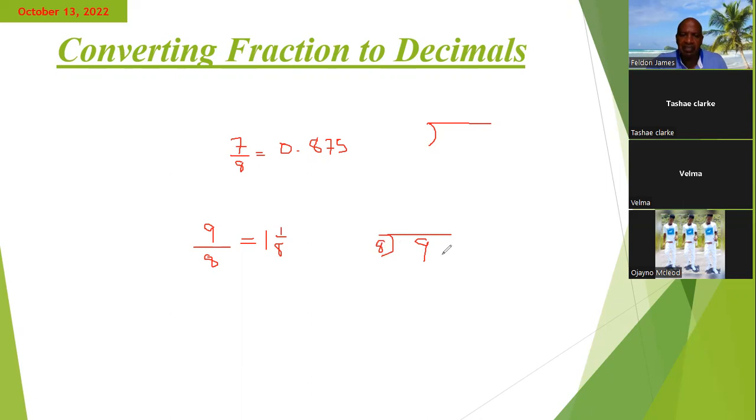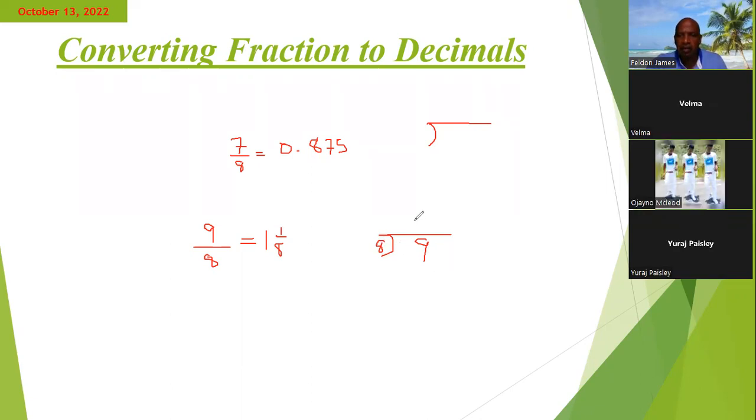So we'd say 8 into 9 goes what? 1 time. And then it would be one whole number. Then we say 1 times 8 is 8, and we take away 8 from 9. We get what? We would have 1, right?